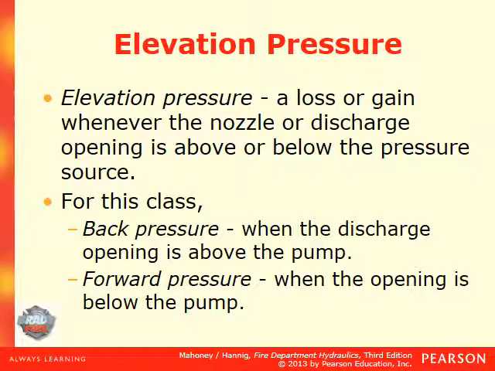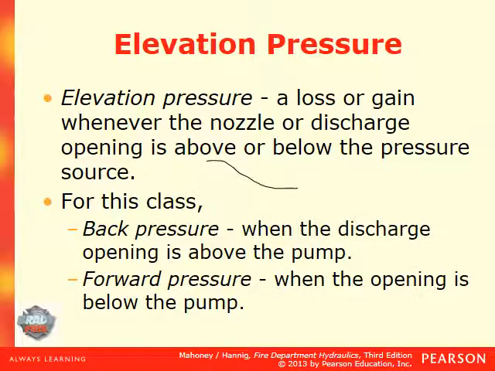Taking this knowledge, this is what's going to help us figure some added pressures. What we have to look at is something known as elevation pressure, a loss or a gain whenever the nozzle or the discharge opening is above or below the pressure source. If the nozzle is below the pressure source, we're going to gain pressure because it's going to be going downhill.